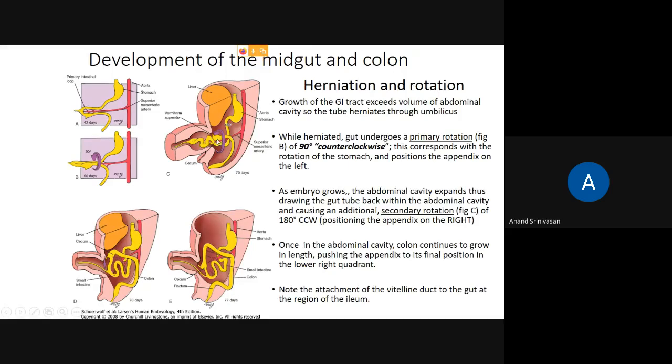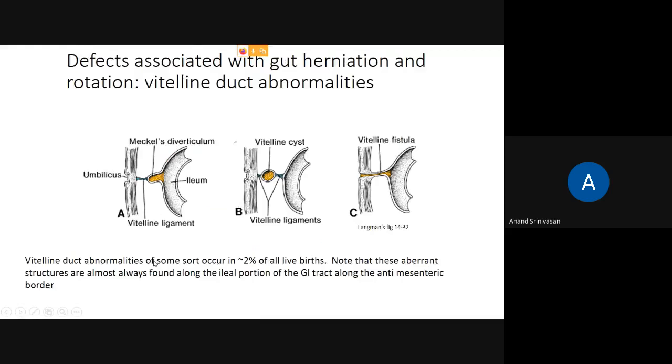The cranial limb goes inside first, followed by the caudal limb. The cecal bud is initially in the subhepatic position, then there will be descent of the cecum. Initially it is in the right hypochondrial position, then slowly it descends into the right iliac position. Note that all this time the vitellointestinal duct is connected to the yolk sac.